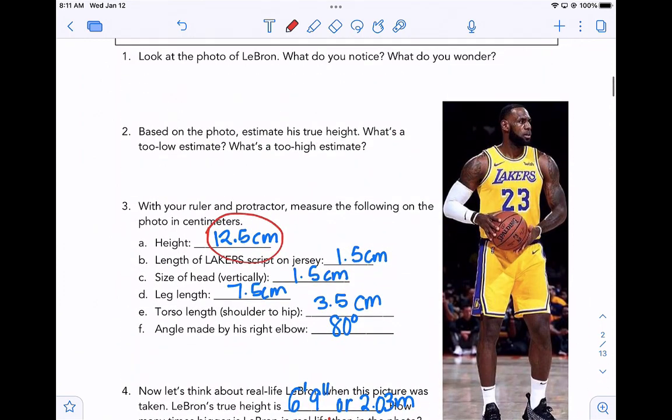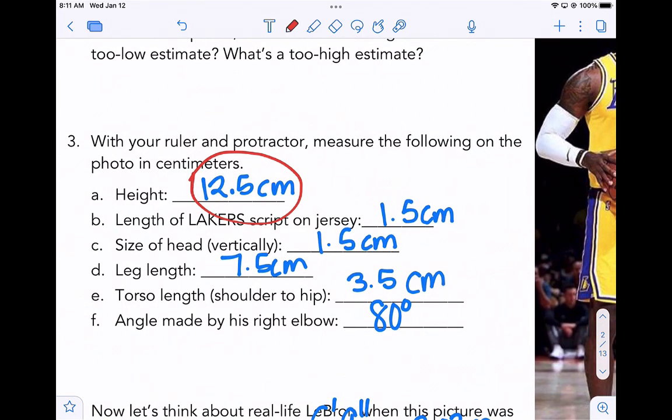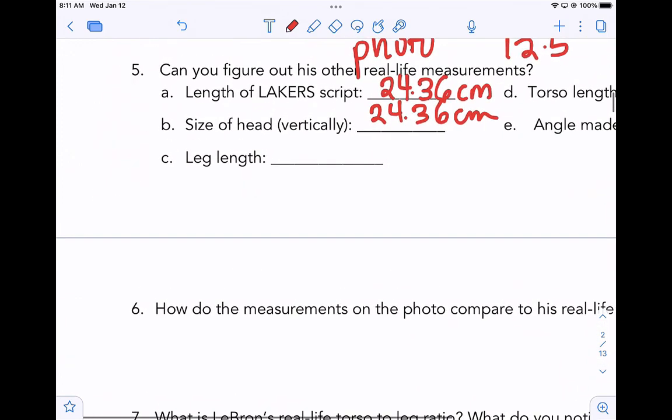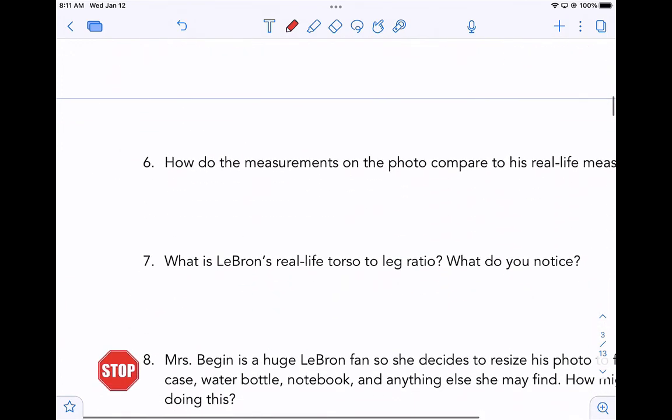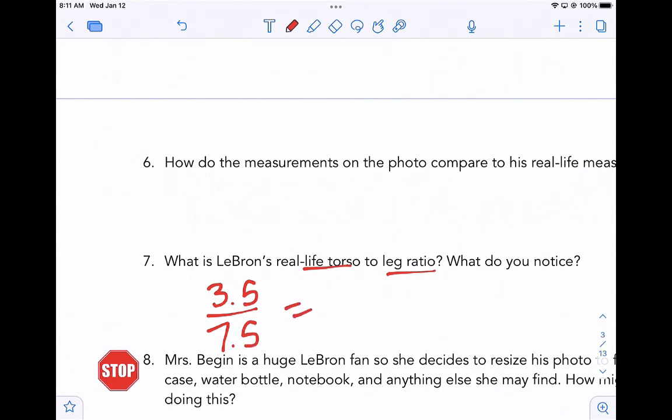Actually, let's do what we had measured here first. So his torso to leg ratio: torso is 3.5 to his leg, 7.5. Okay, torso to leg. Now let's calculate that.